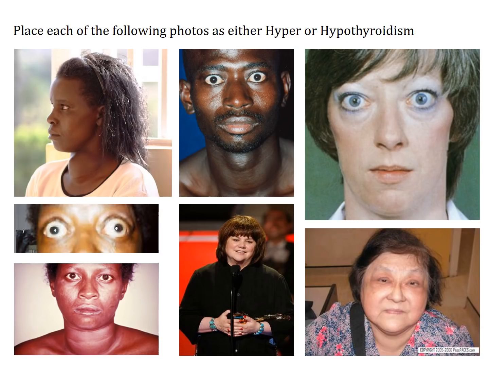Okay, now look at each of these following individuals and determine, just based on what they look like, well, first off, can you see a goiter? And then secondly, by looking at each of these individuals, can you determine if they are hyperthyroid or hypothyroid?